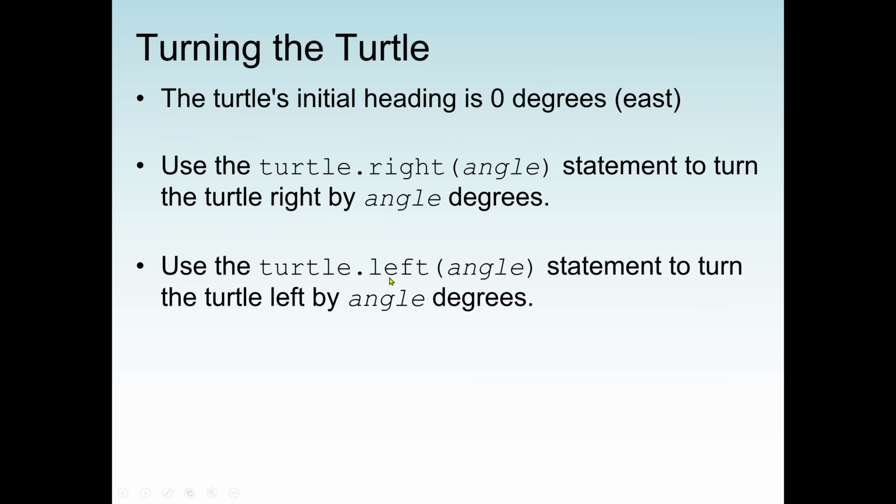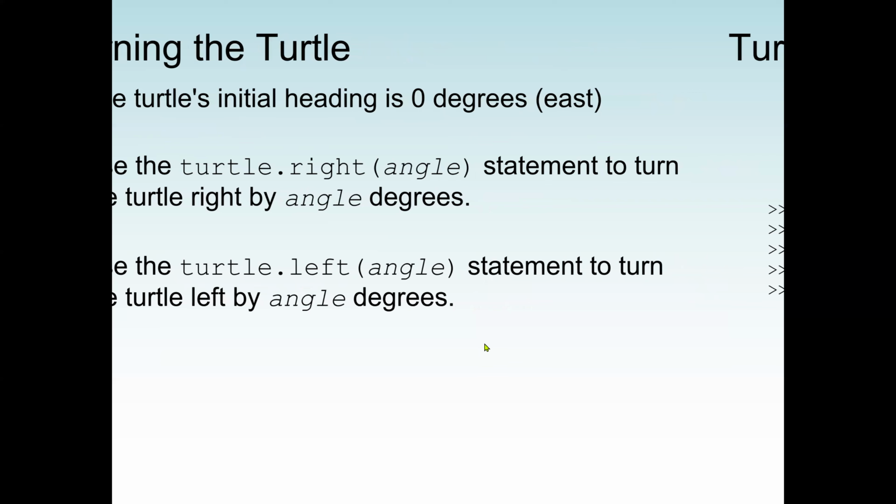Also, we can use the turtle.left(angle) statement to turn the turtle left by an angle in degrees. Again, it can be any angle, 45, 30, any. We know the highest we can go is 360, a circle. 180 is straight. So let's see the example here.